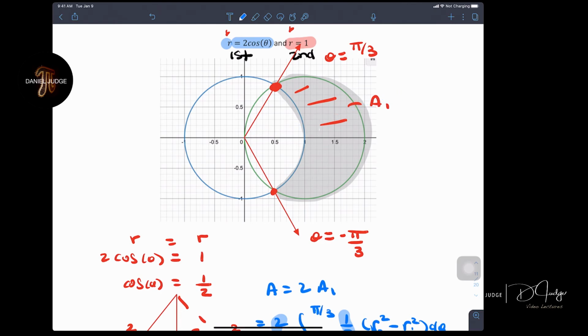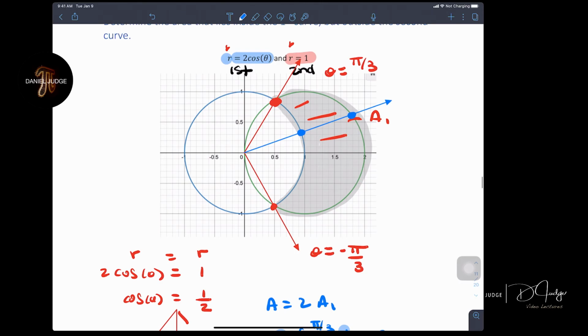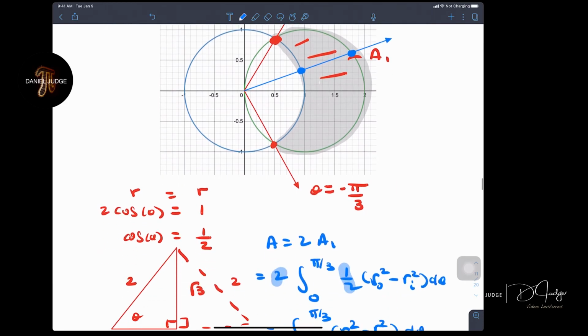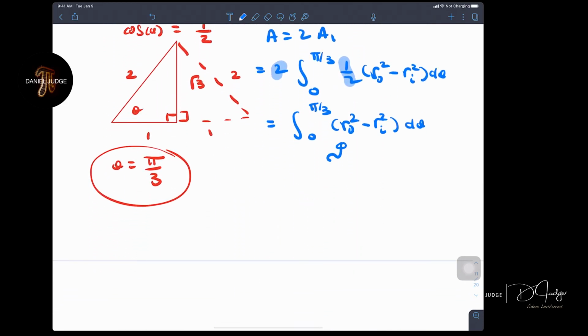So we're going to draw an arrow here. Outside curve, inside curve. Now the outside curve is the circle here that is not centered at the origin. So it's 2 cosine theta. The inside curve is r is 1. So we've got 2 cosine theta and 1.